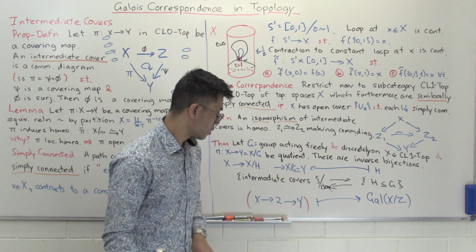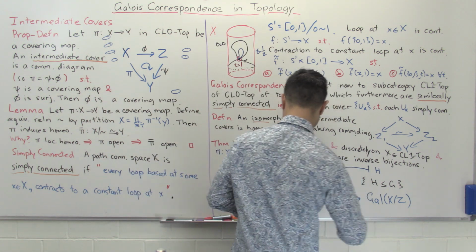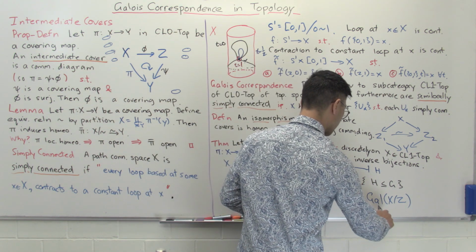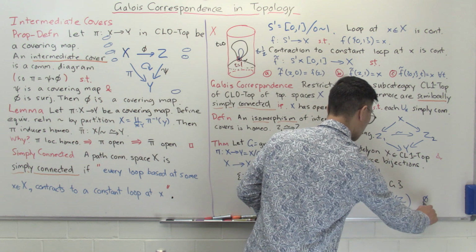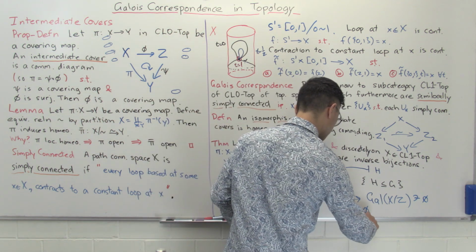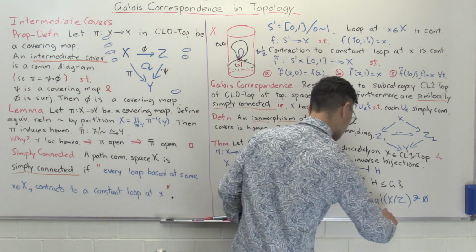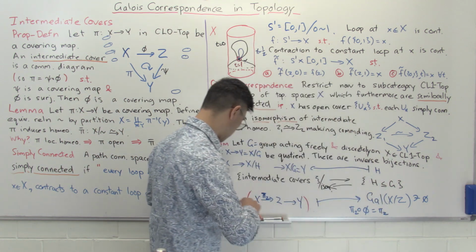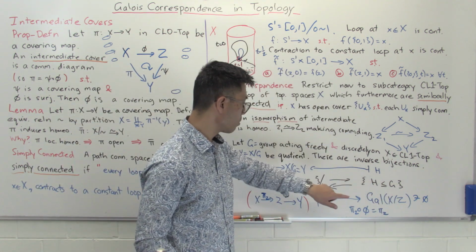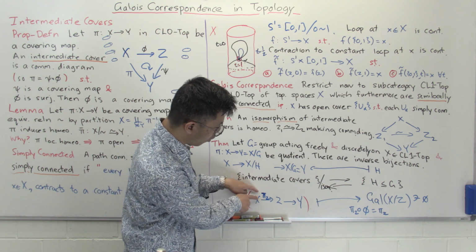Remember, the elements inside here are phi, where phi is such that it doesn't matter whether we do phi first and then pi of Z; that's the same as just doing pi of Z. To check that such an element phi is also in the Galois group of X over Z, you need to say that if you do phi first, it's the same if you go all the way down.